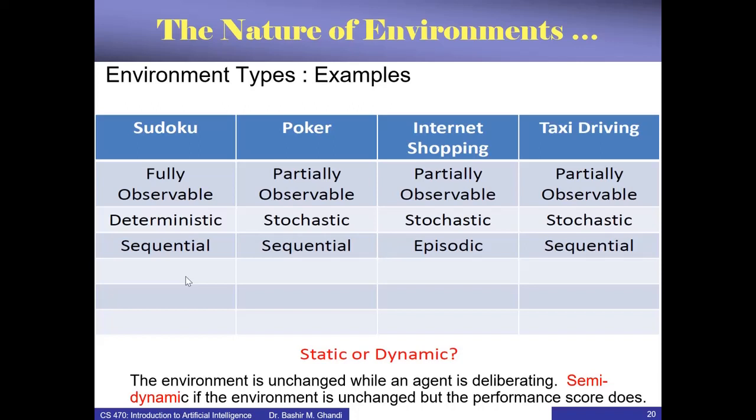Right, what about internet shopping? Is it static or dynamic? Clearly this is dynamic. You may find an item that you think you want to buy, but maybe another agent is also deciding on that item. So if you spend too much time before you decide, the other shopper could take that item and buy it, and you may lose it.